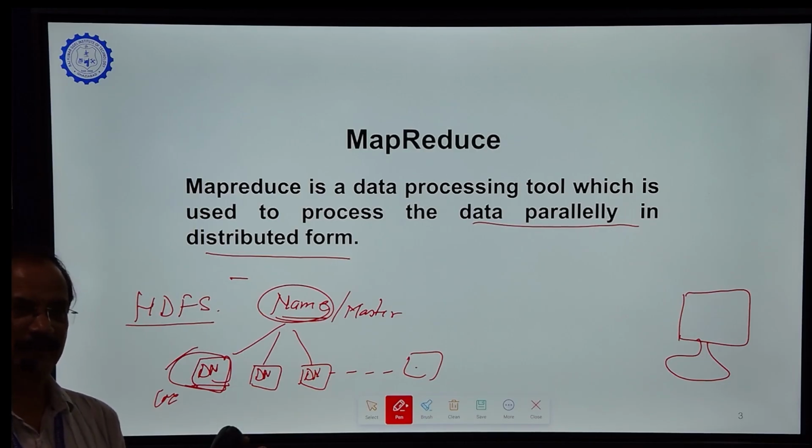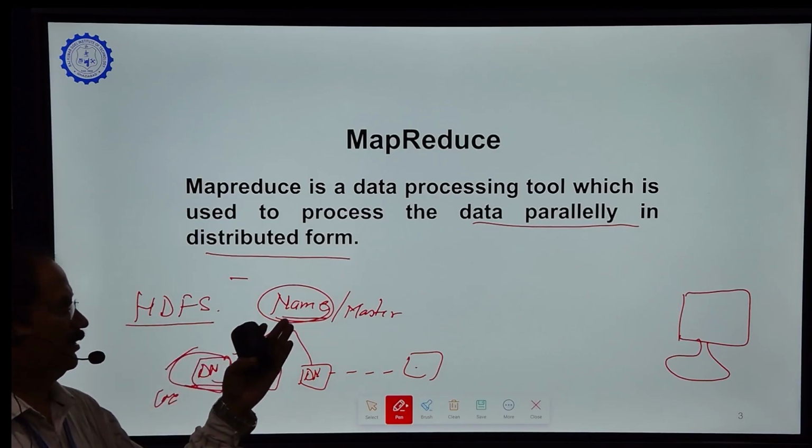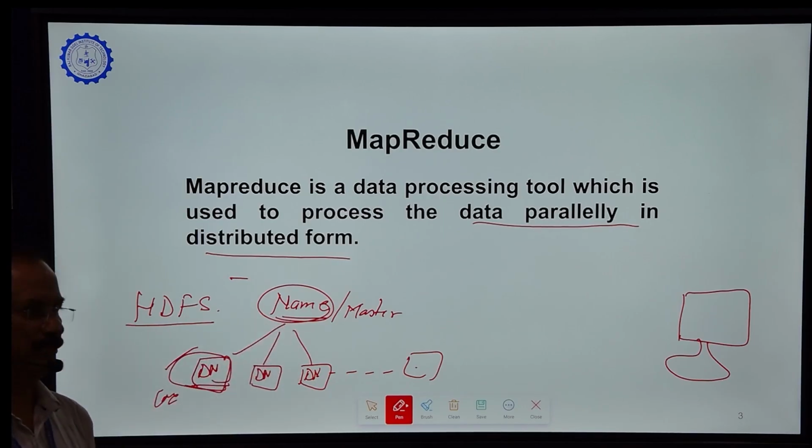But it will be a very big, challenging task, because the systems are on the network, and once the data comes onto the system from the various data nodes, there may be a problem regarding bandwidth. The bandwidth issue may be possible, and there is not a single platform where the data can be processed. So this is another challenge.